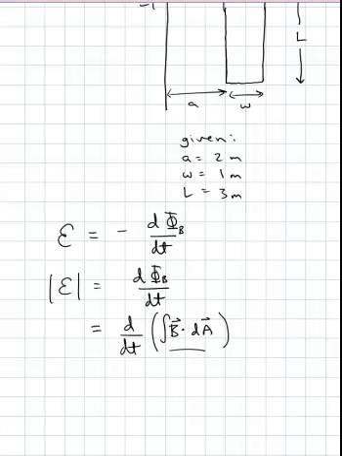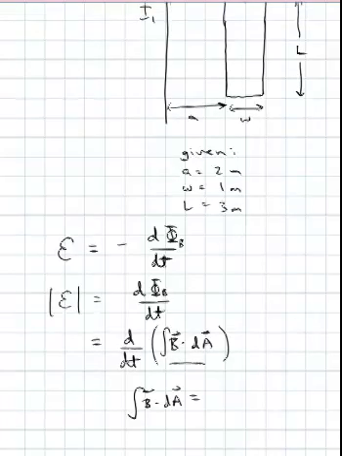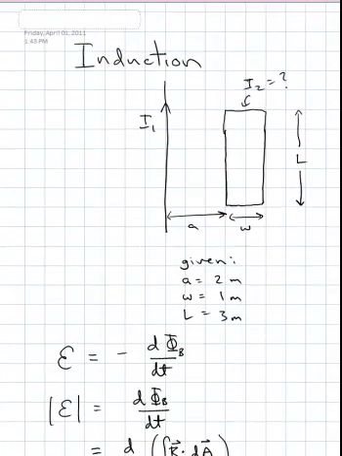So let's go ahead and set that up. The integral of B dot dA. So let's take a quick look here. The magnetic field from a long wire is going to form circular rings around that wire, and everywhere to the right it's going to be into the board.